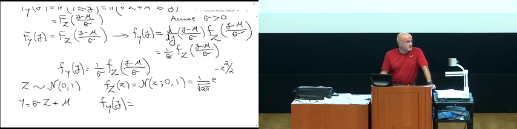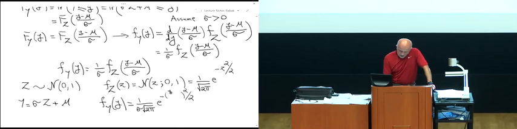First of all, there's a 1 over sigma, correct? So I just multiply whatever expression I have here by 1 over sigma. So I have 1 over sigma, square root of 2 pi, and e to the minus what squared? Y minus mu over sigma.